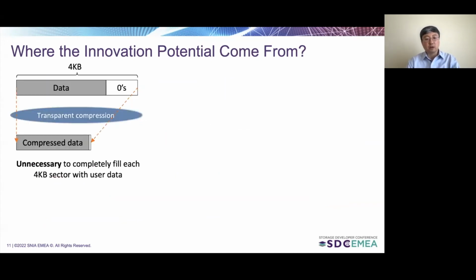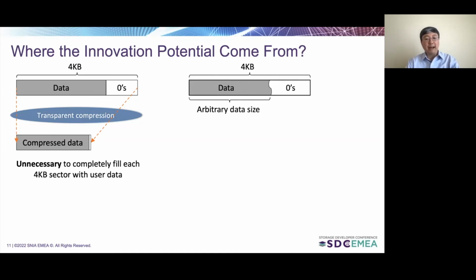So in particular, with the in-storage transparent compression, we no longer have to fill each 4K byte block with valid user data because any unoccupied space will be simply compressed away inside the storage device. As a result, we could pack any arbitrary amount of valid data, for example, 2K byte, 1K byte, or even 100 byte within each 4K byte I/O block.